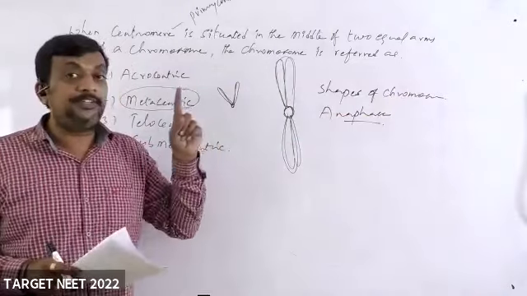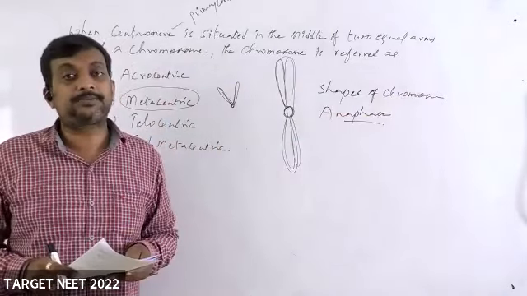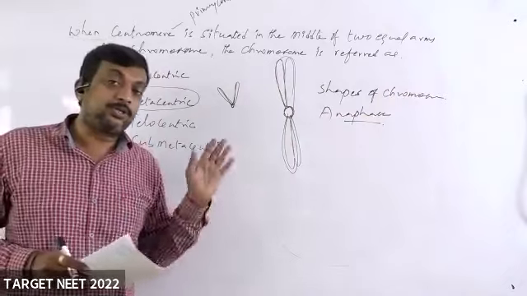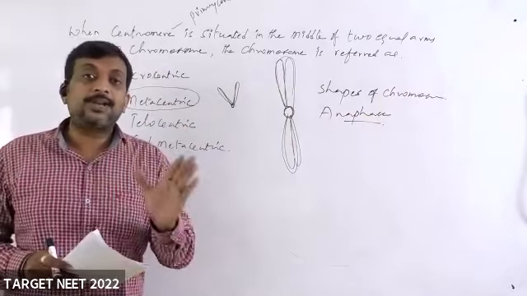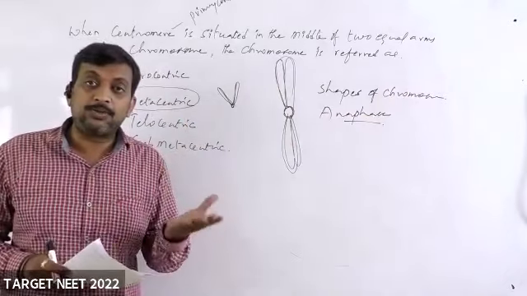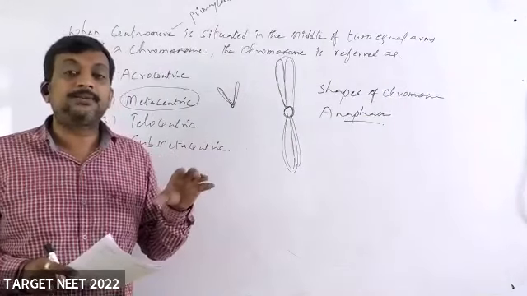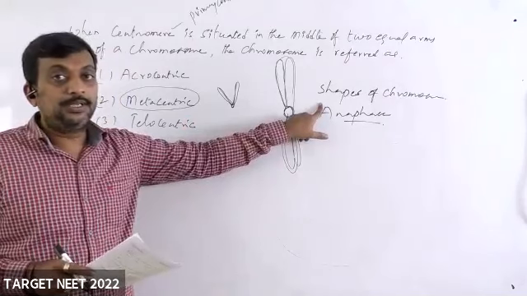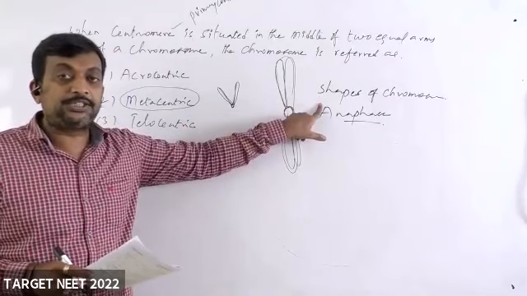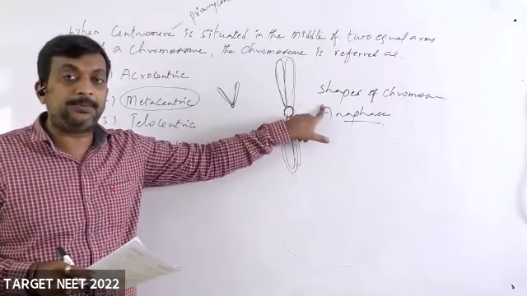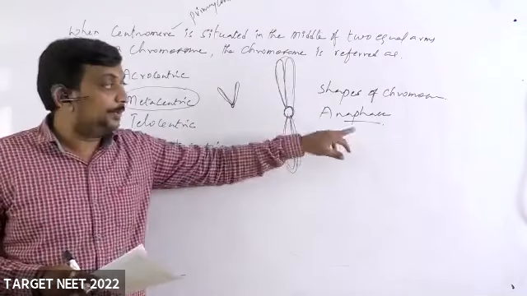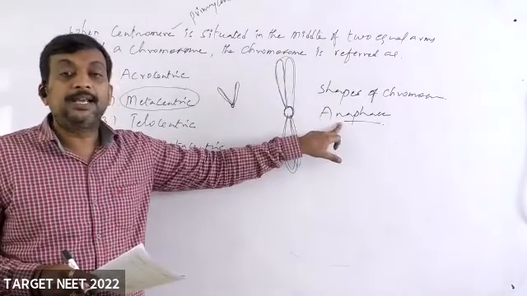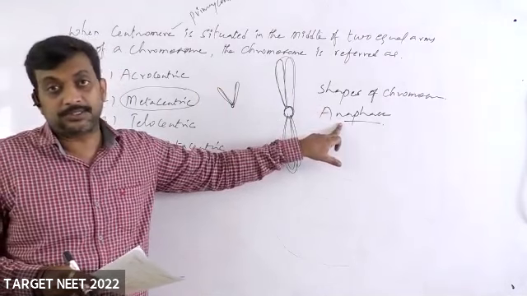Now, where the division of the centromere takes place, the morphology of the chromosome structure can be best visualized. That is in the case of metaphase. But the shapes of the chromosome, like V shape, J shape, I shape, L shape, can be best seen in the anaphase of mitosis.